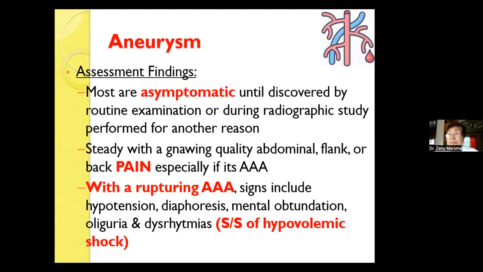Kasi severe bleeding na tayo eh. Hypovolemic shock, kaya may hypotension na. Cold clammy skin, mental obtundation, oliguria, and dysrhythmia. Ito mabilis. Kasi abdominal aortic aneurysm, massive bleeding, hypovolemic shock, altered renal perfusion, altered cerebral perfusion.